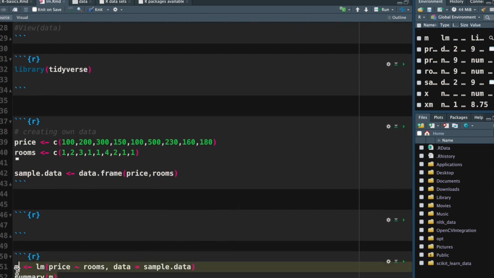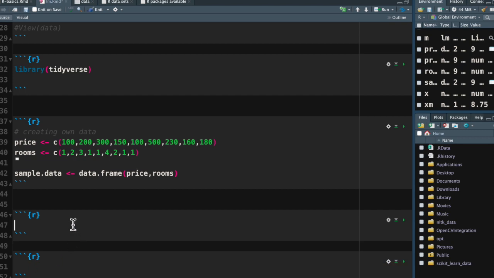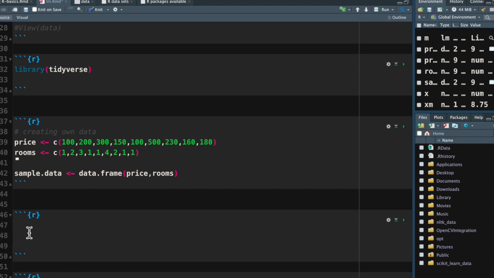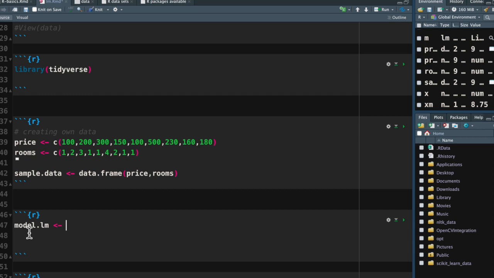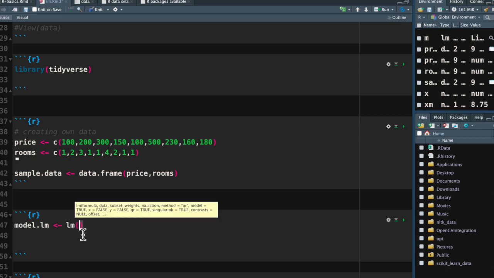Now what we are trying to do here is create a linear regression model. Let's name our model model.lm, and the function to create the linear model is lm.